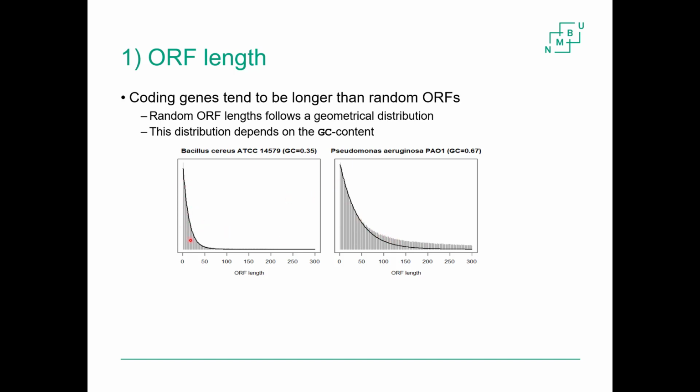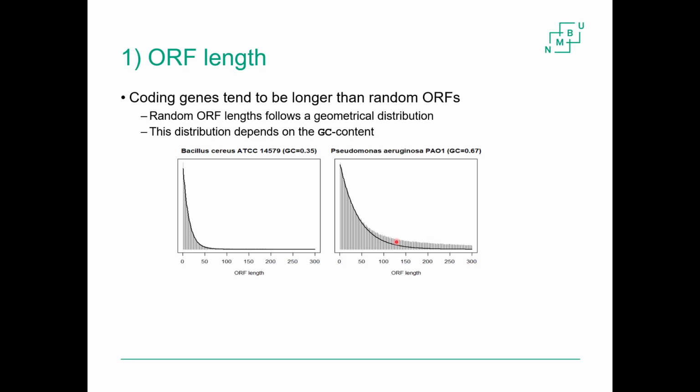The gray bars are the actual length of the ORFs in these genomes. And even if both pictures show the same, it's difficult to see here because the values are so small. Let's focus on this one instead.